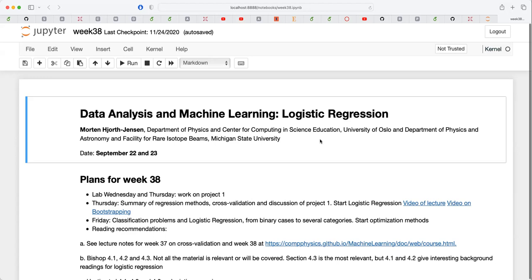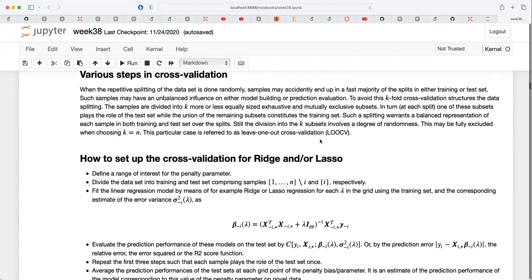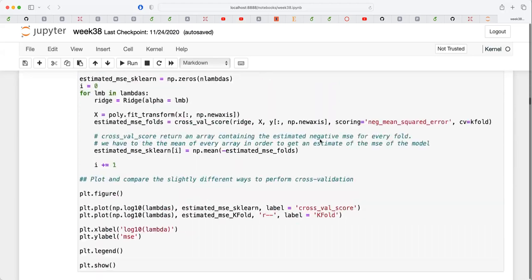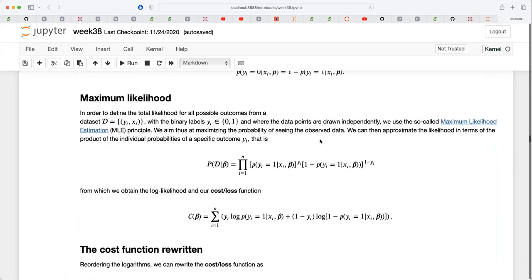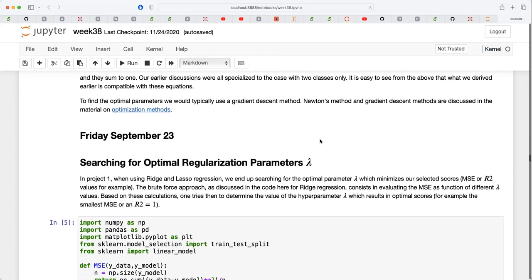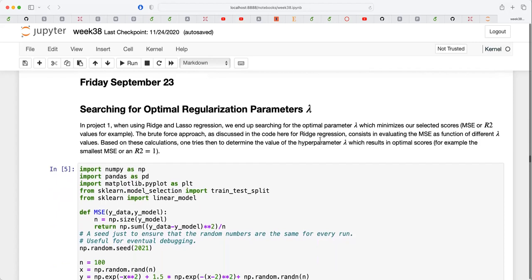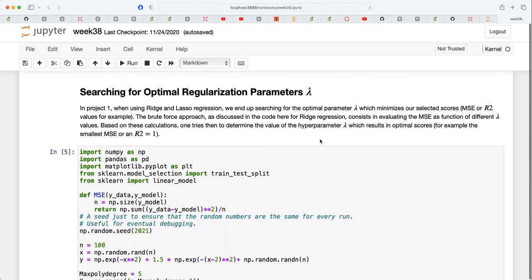The examples which I just wanted to show you are found at the beginning of today's notes. If you scroll down, you will get to Friday, and there are some examples on how you can use this grid search.